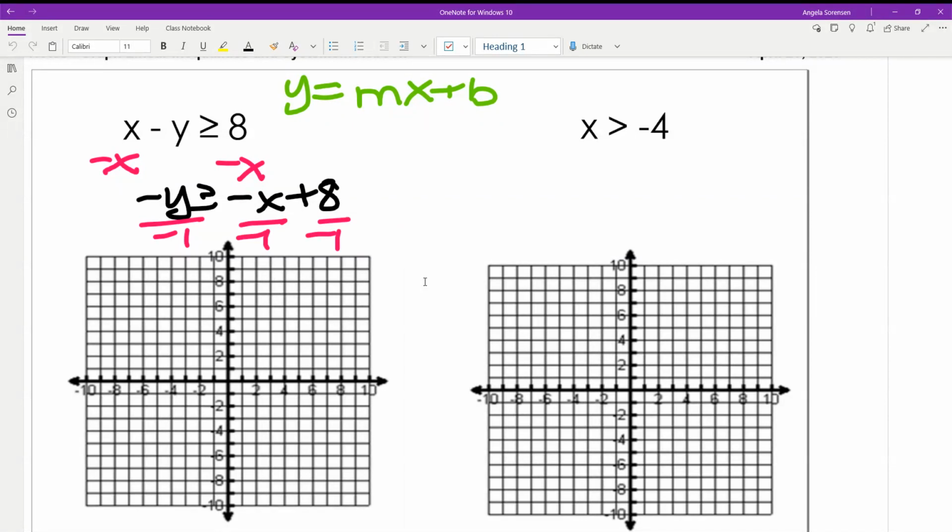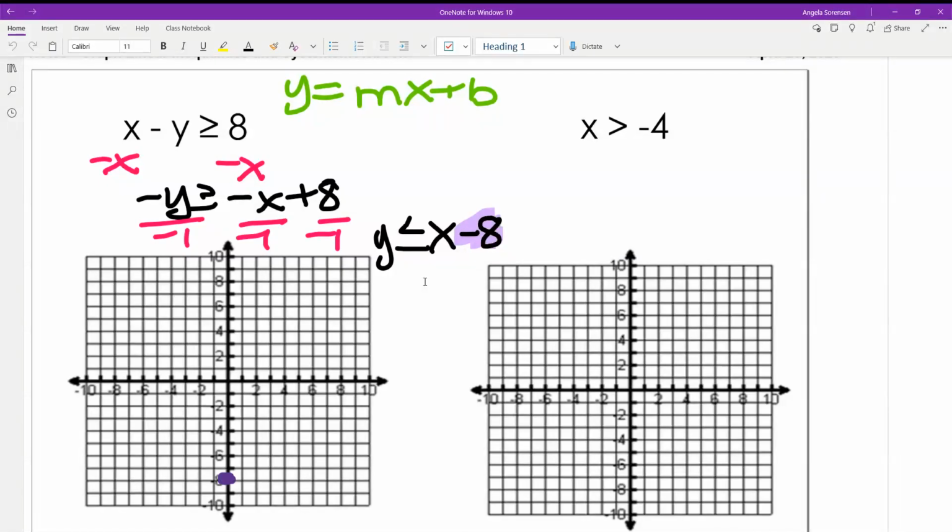Why does this sign flip? Because I divided by the negative. So I get y is less than or equal to negative x divided by negative 1, which is just x, and 8 divided by negative 1 is negative 8.